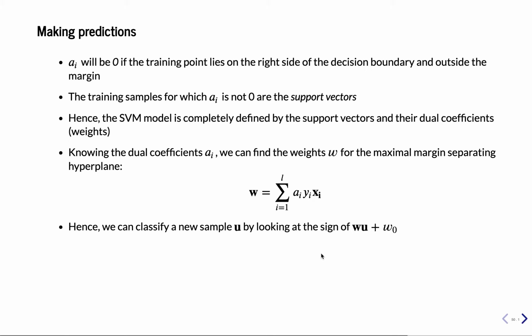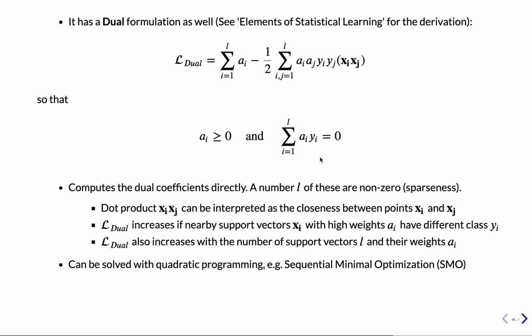Now, if you want to make predictions, then we only need to look at support vectors because the other ones have no influence on our weights. So our support vector machine is completely defined by support vectors and their coefficients. And if we know the dual coefficients alpha, we can find the weights as per definition, right?